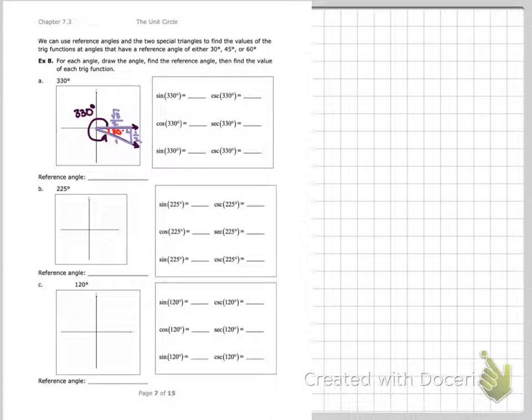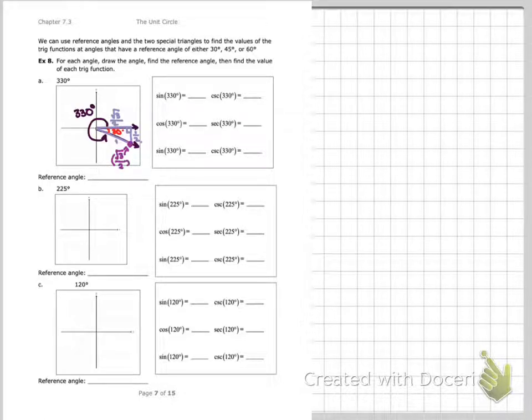Okay. Now notice something. I labeled the sides of the triangles all positive because they're the lengths of the sides of a triangle. If I want to think about where this point is in terms of my x and y coordinates, my x, we went over square root of 3 over 2.